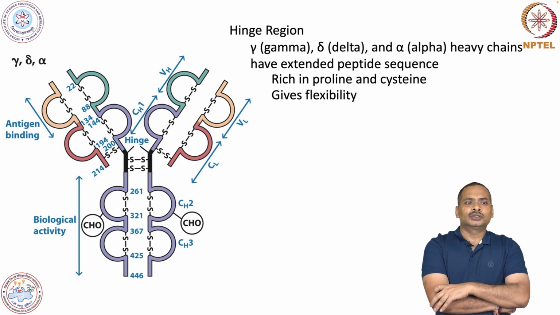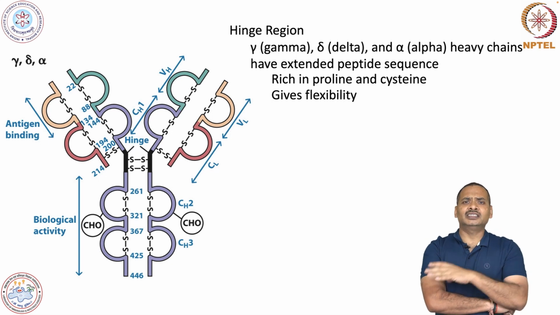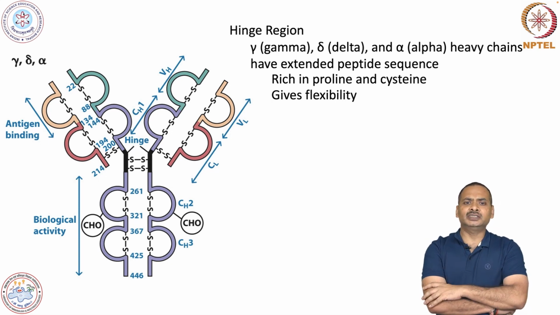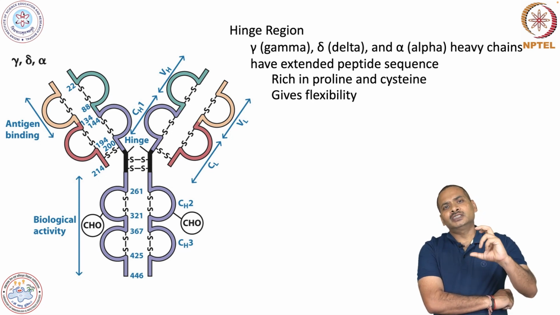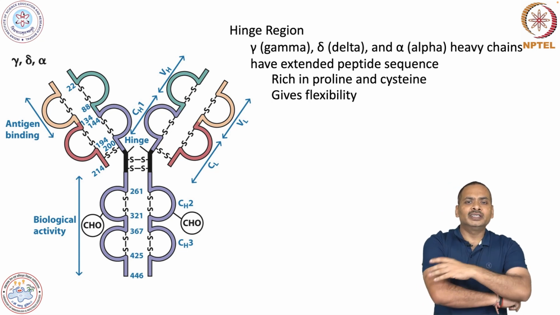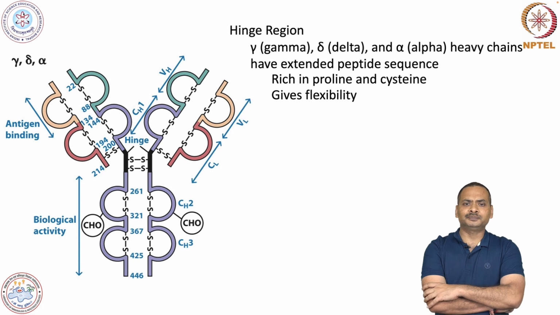So remember that in IgG, IgD and IgA, this hinge region is present, predominantly consisting of proline and cysteine, and this gives flexibility to the molecule.